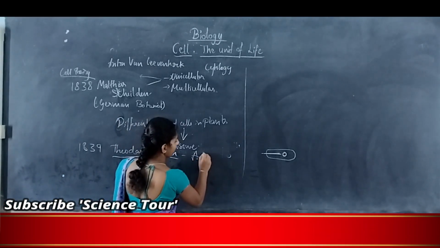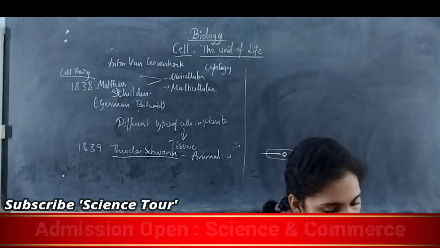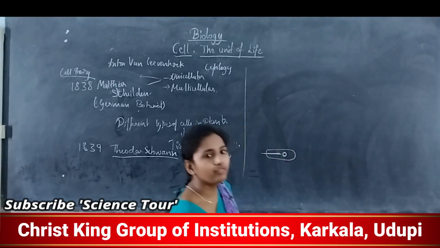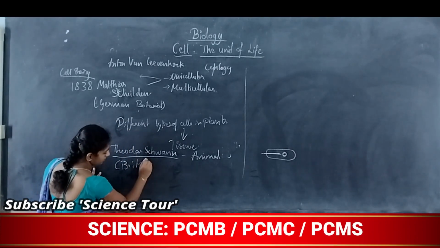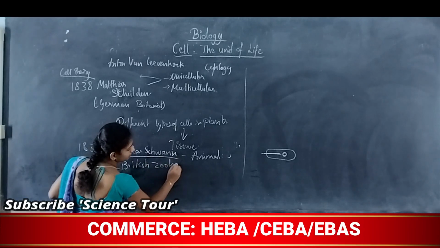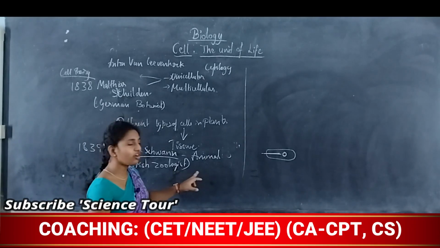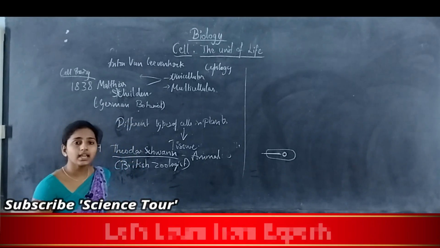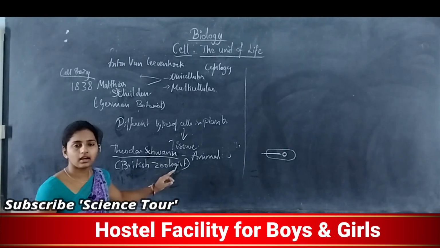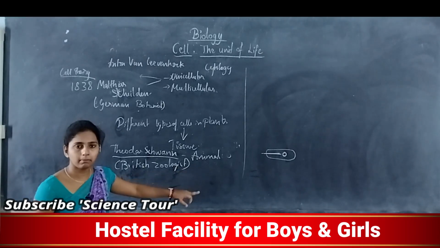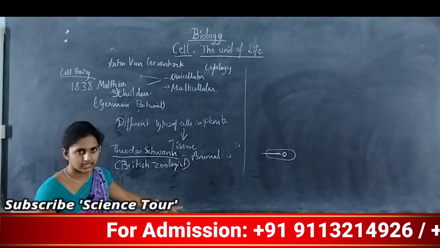He discovered the different types of animal cells, and while studying he observed that these animal cells are made up of only a thin membrane, the outer delimiting membrane. They have an outer thin delimiting membrane.